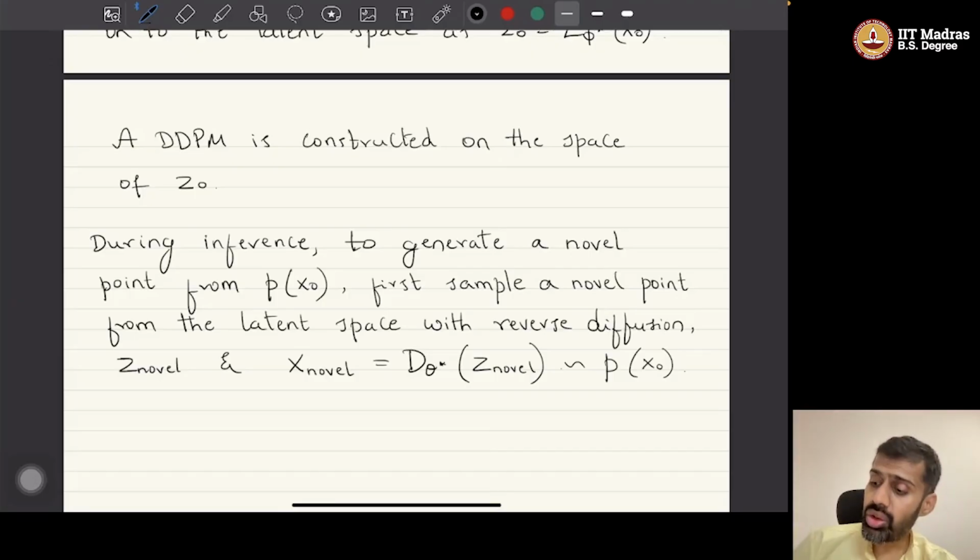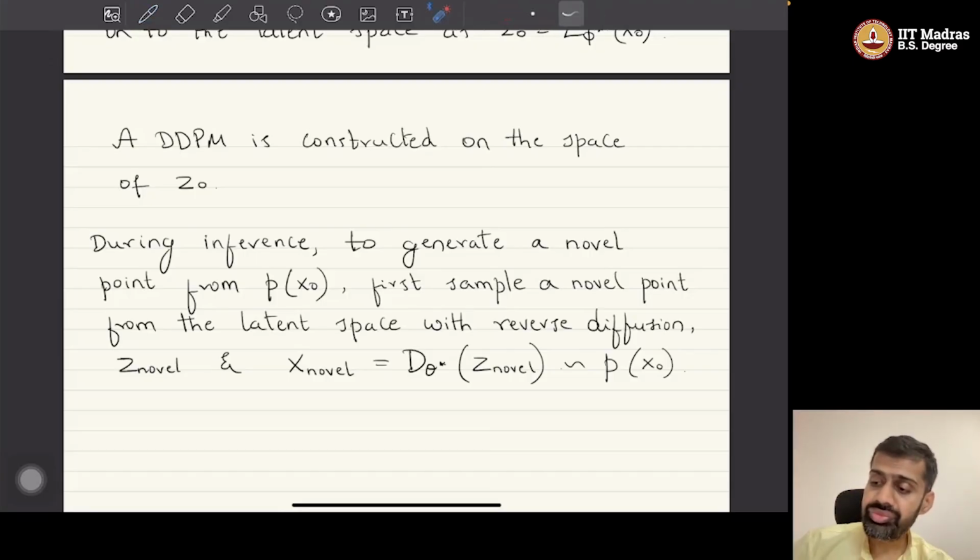This is also called stable diffusion because it is empirically observed to be much more stable in generating image-like data sets compared to building a diffusion model completely on the image space or the original data space. As I said, algorithmically, theoretically, nothing changes. You still have the DDPM that is to be built.